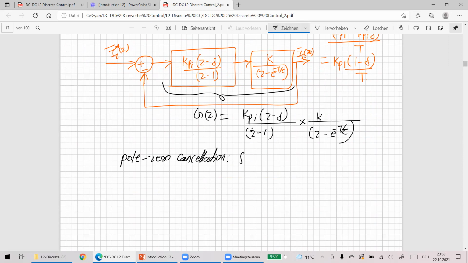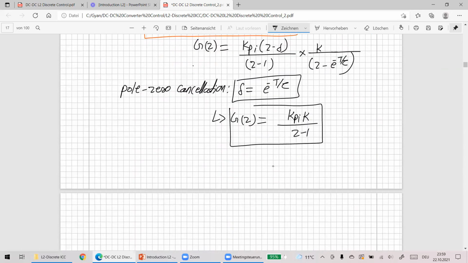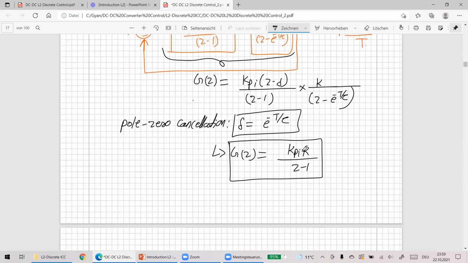Pole zero cancellation means here del is going to be equal to e power minus T over tau. What we have is the new open loop transfer function, KPI K by Z minus 1. It looks very simplified, and this is expected because we have just eliminated one pole and one zero by cancelling them with each other.